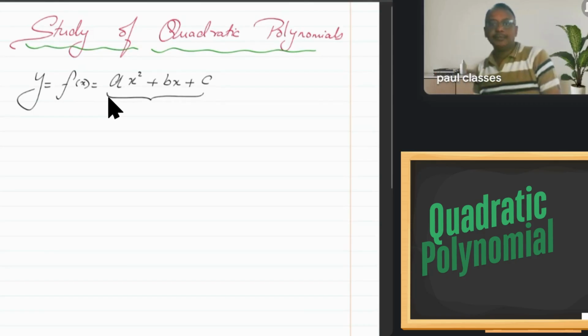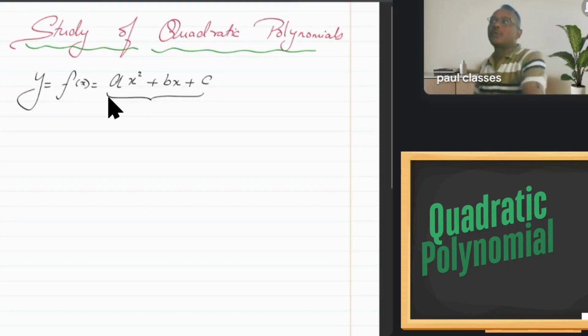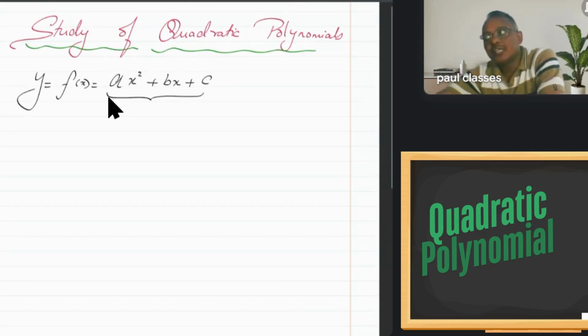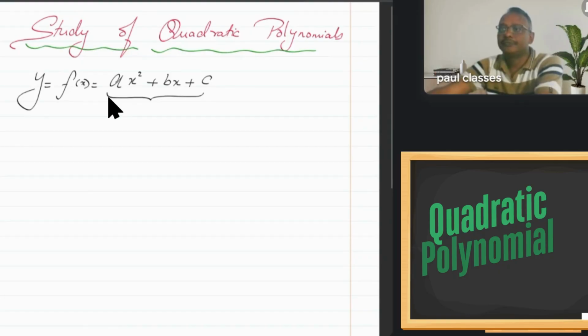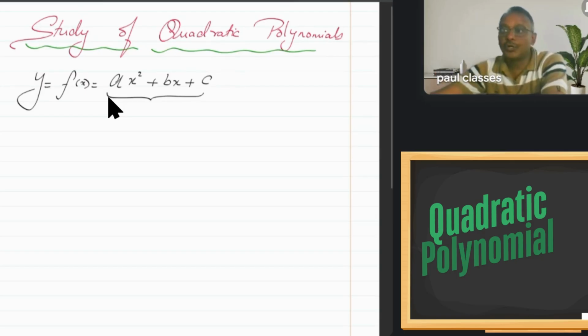Are you all listening? आगे बढ़े. What is the coefficient of x square? A for apple. What is the coefficient of x? B for bada apple. What is the constant here? C, chota apple.